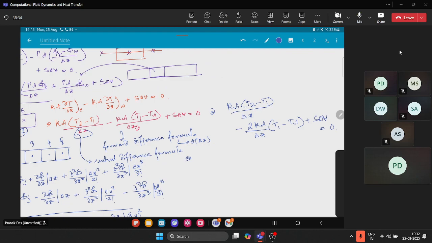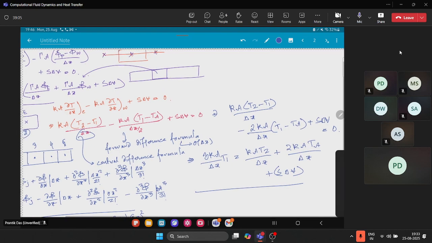Then this becomes 3Ka by delta x T1 equal to K T2 by delta x plus 2K Ta by delta x plus S dV delta V. So this is the equation for the first cell centroid, the cell centroid present at the left hand side of the rod itself. Is it clear to all of you?